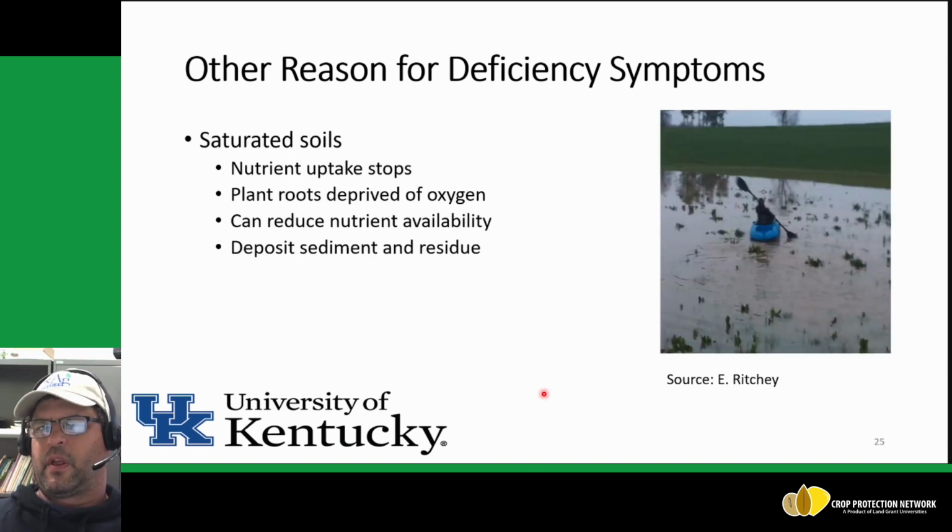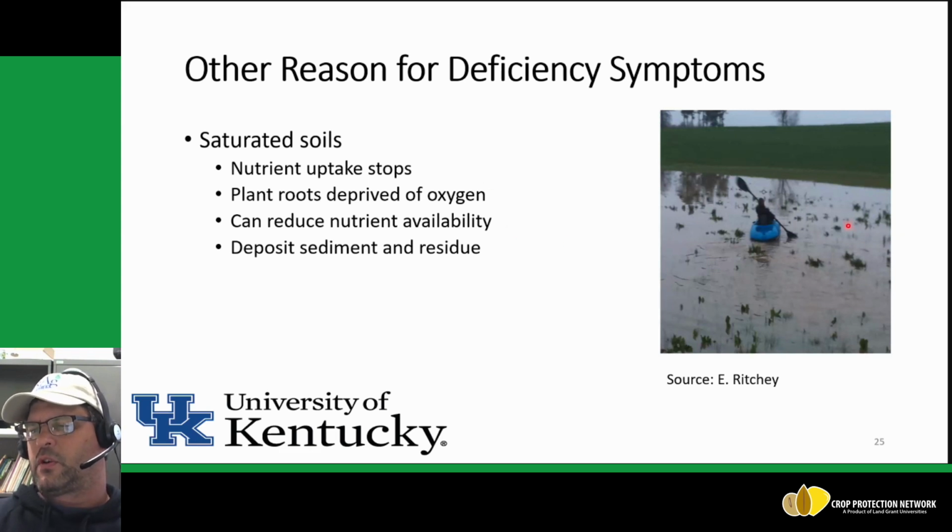Saturated soils. When the soil is saturated, there's no oxygen, nutrient uptake stops, and the plant roots are deprived of oxygen. It can actually reduce nutrient availability of some nutrients, and then you also have deposition of sediment and residue that can also influence your availability of oxygen, more or less what it comes down to.